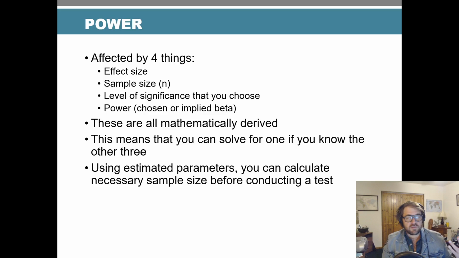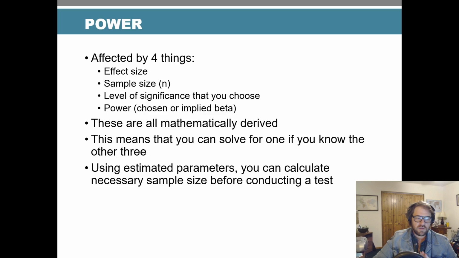All of these have mathematical ways that we can derive them: effect size, sample size, significance level, all of these. What that means is you can put it into a formula so that if you know 3 of them, you can figure out the other one.